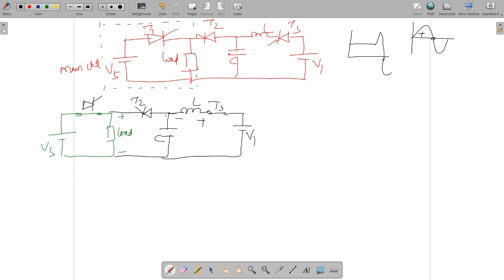Because of this polarity, there will not be any sudden rise, any sudden shoot up in the current, because this polarity will be opposing any sudden increase in the current. Fine. So it means that there will be a gradual increase of current in this circuit.